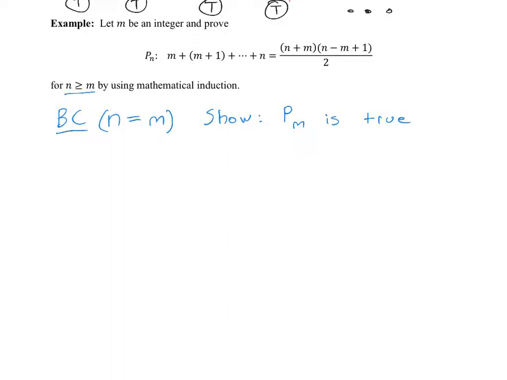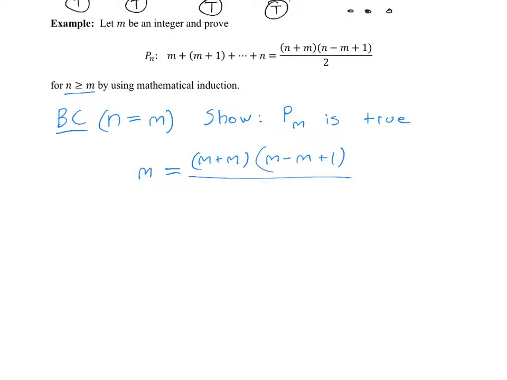So on the left-hand side, we get the sum of m all the way up to just m. So it's just m on the left. And then on the right-hand side, we would get m plus m. Remember, we're replacing n with m. And then m minus m plus 1. That's my numerator.